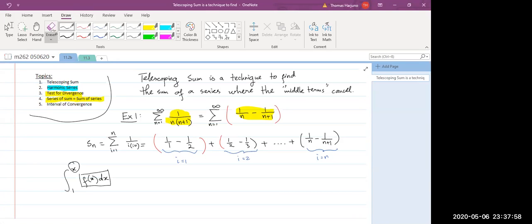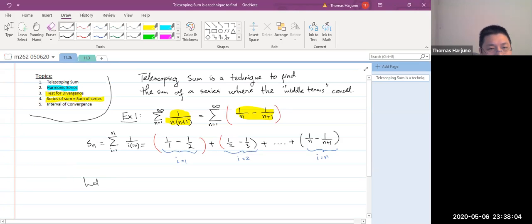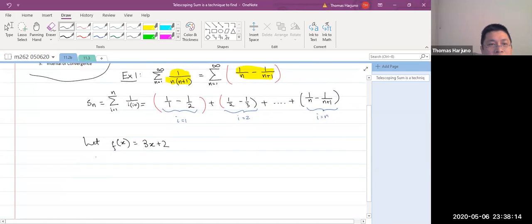Just to show you again, let f(x) equal 3x plus 2, and then the question is, if F(x) equals the integral from 0 to x of f(x) dx.